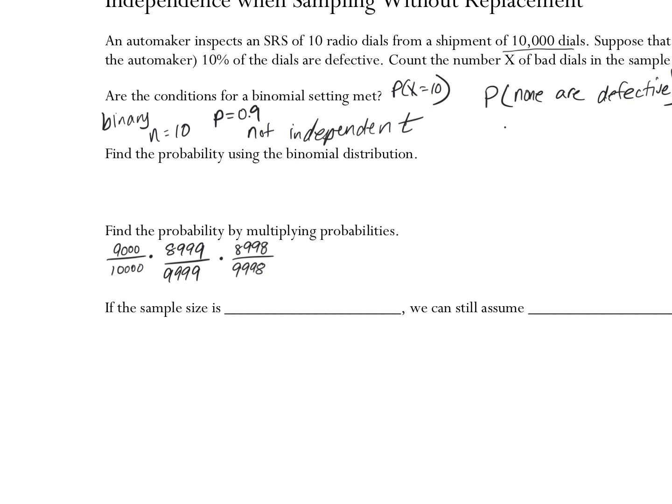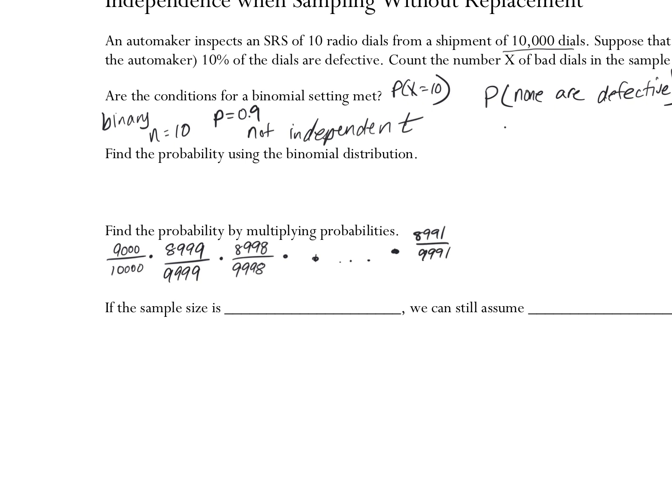Now, guys, if I asked you to estimate the value of this fraction, what would you say? 0.8999999. And this one? 0.8999999. Are these really close to 0.9 still? And if I kept going, with a sample size of 10, my last one would be 8991 over 9991.